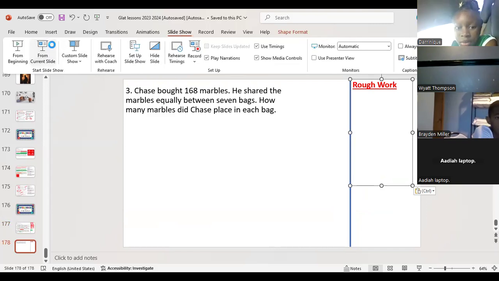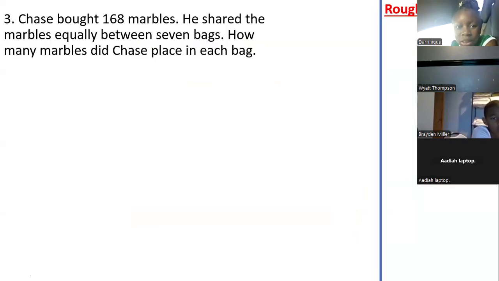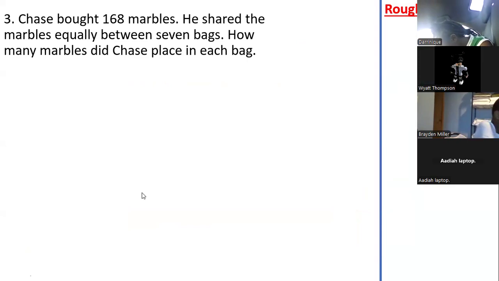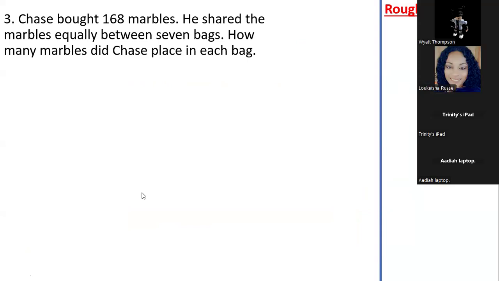He shared the marbles equally between 7 bags. How many marbles did Chase place in each bag? Very good. I know what you have to do. Go ahead, Brayden. You have to divide. So what are we going to divide? One second, class.